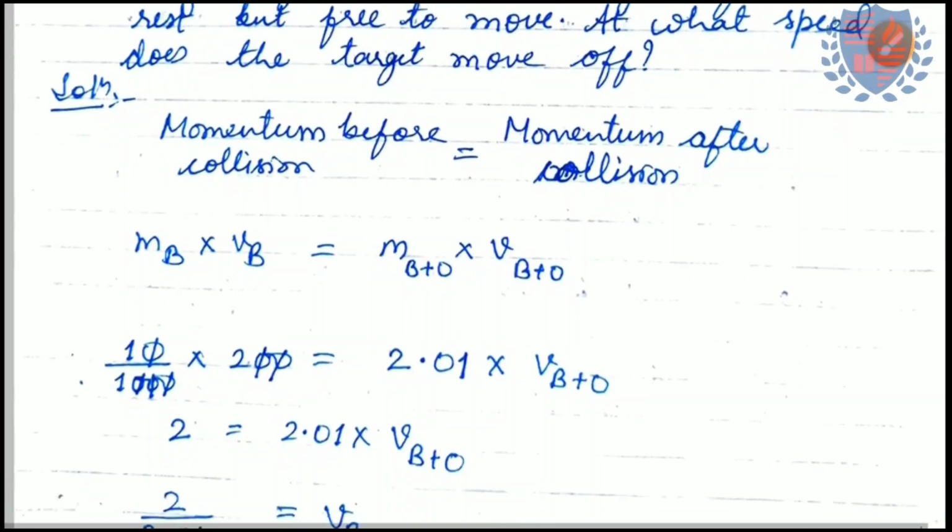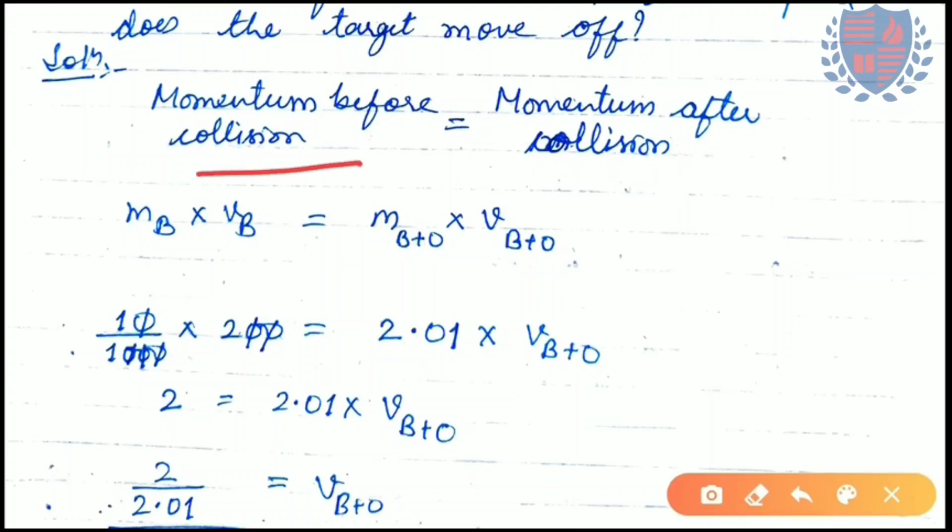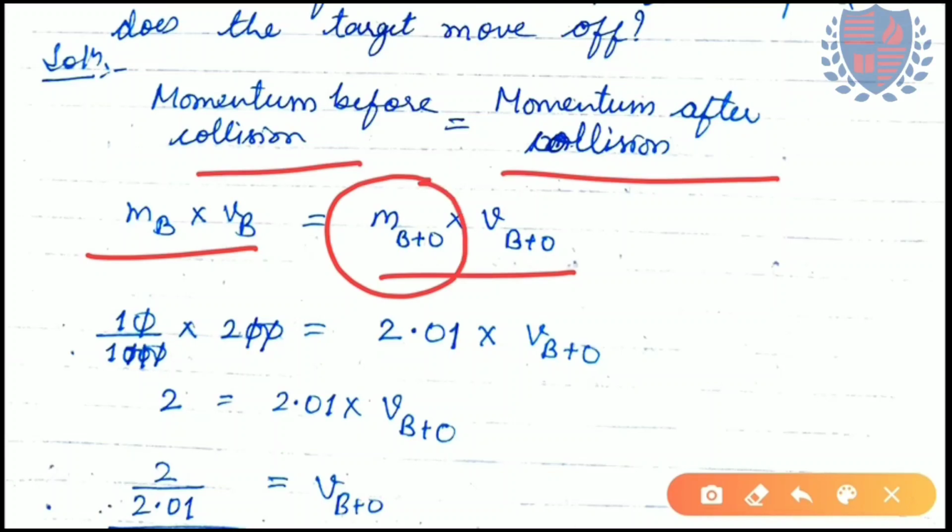So let us see. We know that momentum before collision is always equal to momentum after collision. So we will apply the formula. Mass of the bullet times velocity of the bullet is equal to mass of the bullet plus mass of the target, because the bullet is embedded in the target, times the velocity of the bullet plus target both.